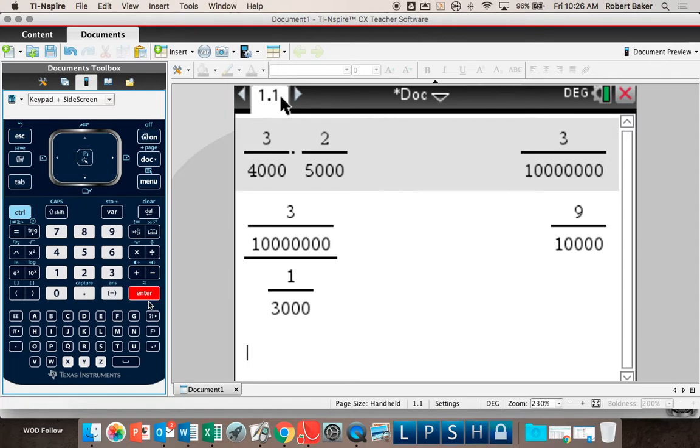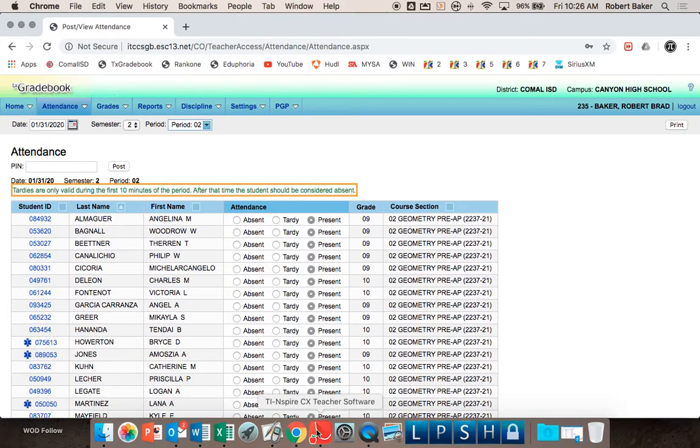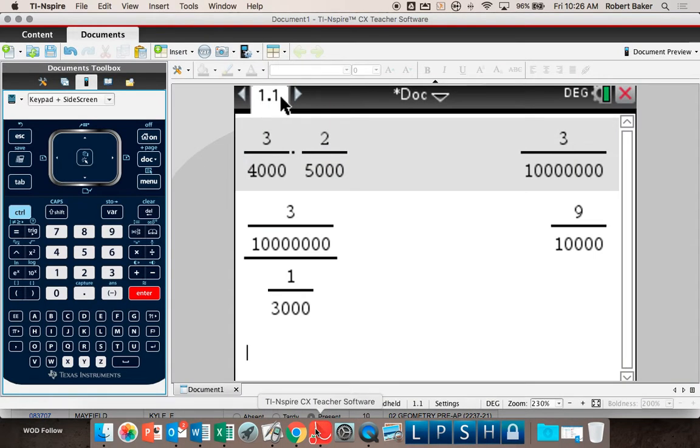It's the same as doing 3 over 4 equals 5 over x: multiply and then divide by that number. So I multiplied 3 4,000ths times 2 5,000ths, and I divided by 1 3,000th, and it says the answer is 9 10,000ths. So you can do it by hand, or you can do it in the calculator.